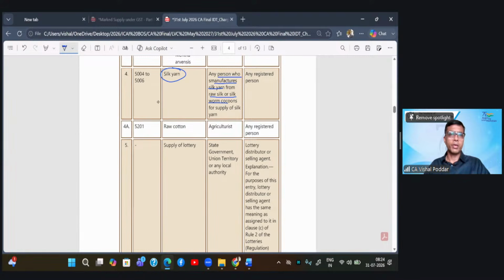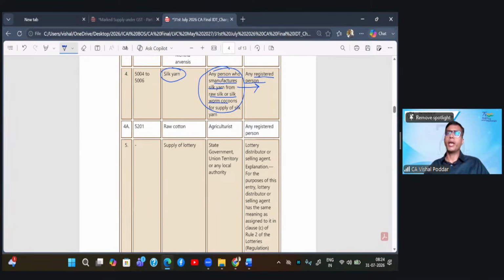They are similar to agriculturists, because if you have seen how this is made, it is in an open area, something like a forest, and on small trees these silkworms are made to produce the silk yarn, and from there the silk yarn or the silk thread is derived. So whenever this agriculturist of silk yarn is supplying it to a registered person, again they want to keep the agriculturist outside the GST problems.